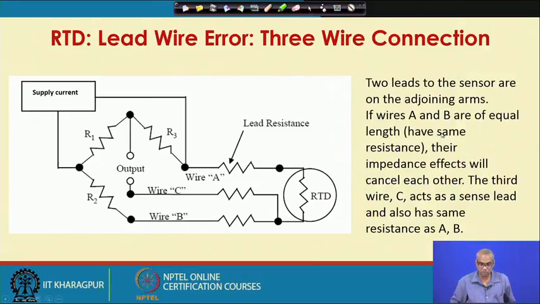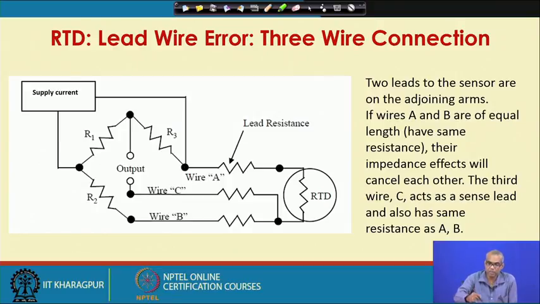So, as a compensation for this, we use 3-wire connection. We take an additional wire which works as a compensation for the lead wire's resistance.